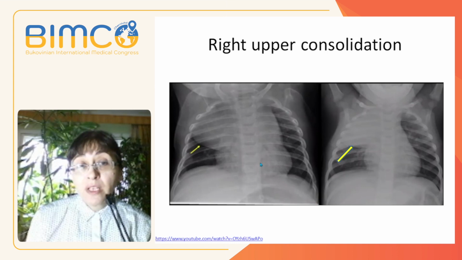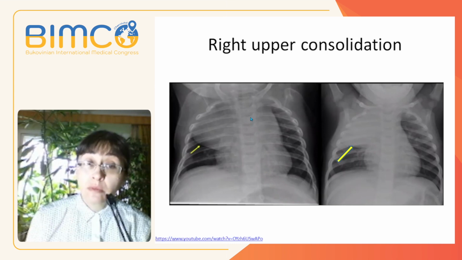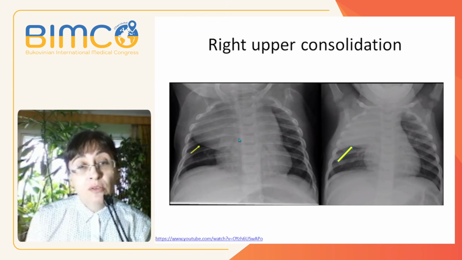On these chest X-rays, we may observe children with right upper consolidation on the first picture and on the second picture. Where is pneumonia, where is not? If you remember, we have discussed already that in small children, what mimics a consolidation shadow may be the thymus.